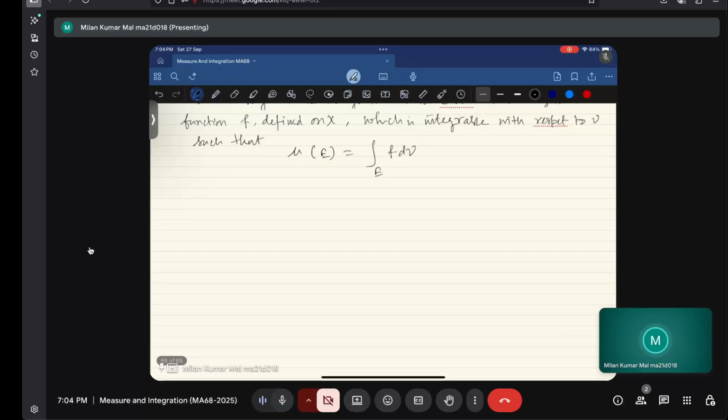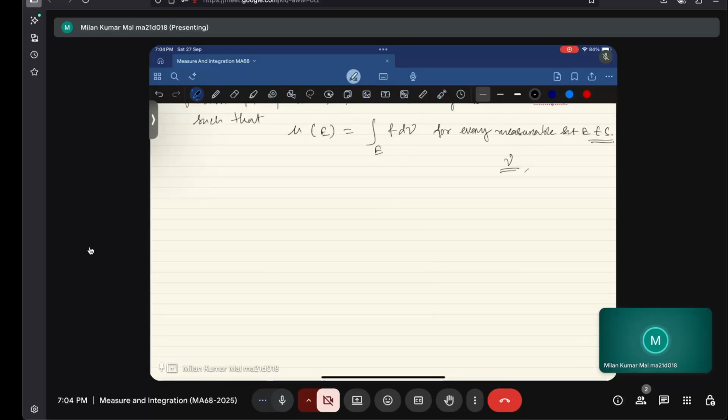Okay. So note that if you have a measure nu and you start by defining mu of E equal to this, so that this holds for every measurable set E of X. The point is that suppose you have a finite measure nu, or any measure, and you take a measurable function f and define a measure mu such that mu of E is equal to the integral of f d nu.